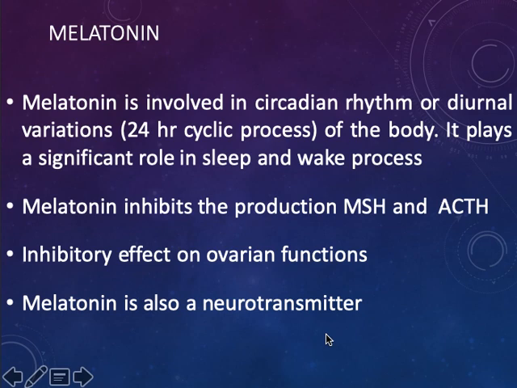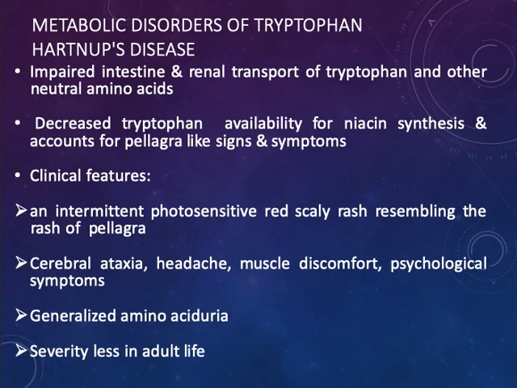Whenever we talk about serotonin and melatonin, you have to talk also about the metabolic disorders of tryptophan, that is Hartnup's disease. So what is it? It is impaired intestinal and renal transport of tryptophan and other neutral amino acids. There is decreased tryptophan availability for niacin synthesis, so there are pellagra-like signs and symptoms.